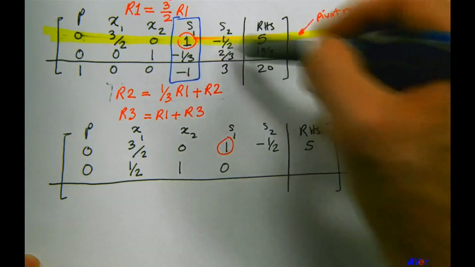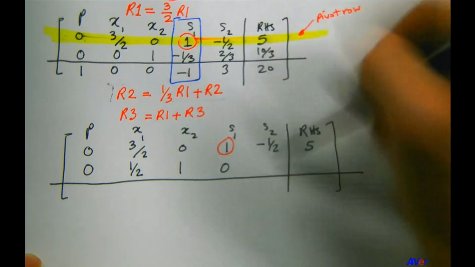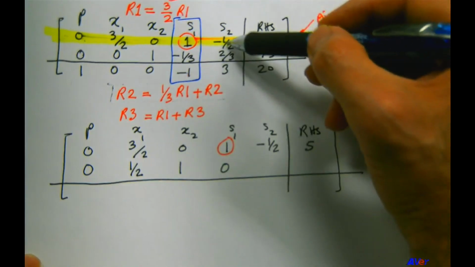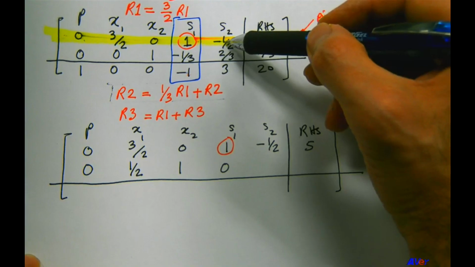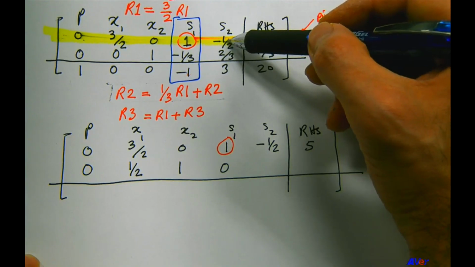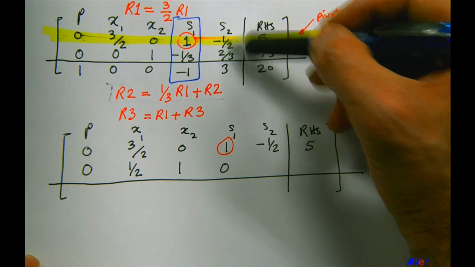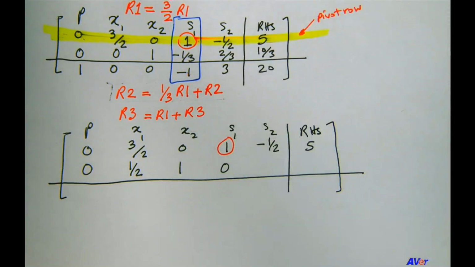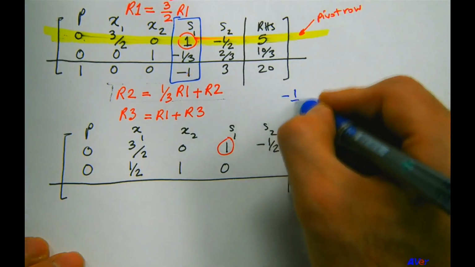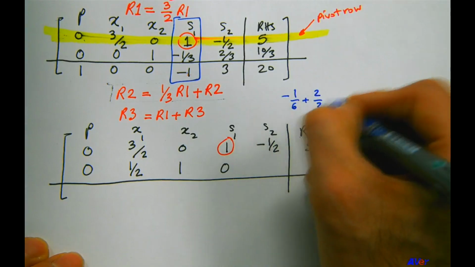But we need to continue to finish the second row. 1/3 times negative 1/2, that's minus 1/6. Minus 1/6 plus 2/3, right?